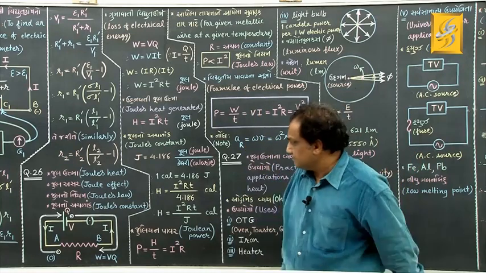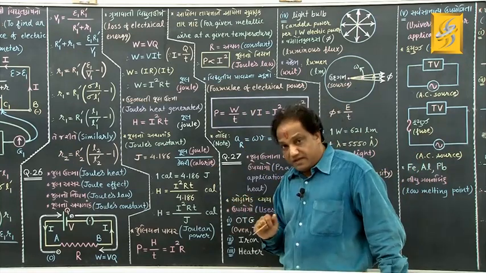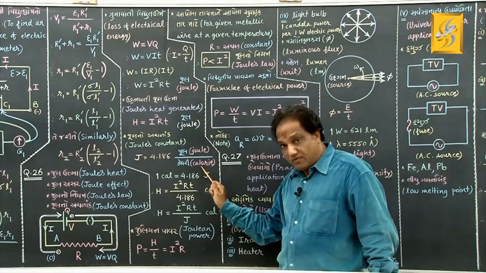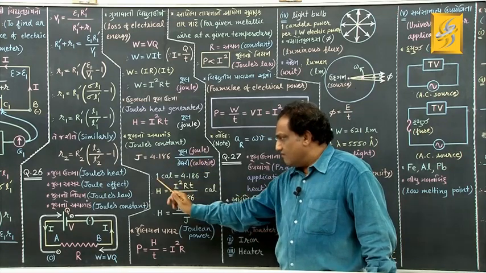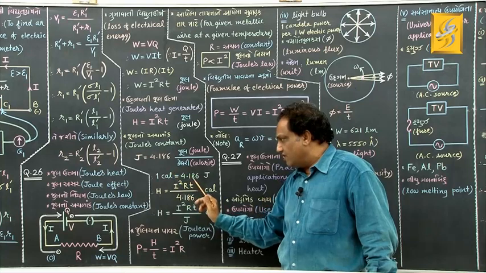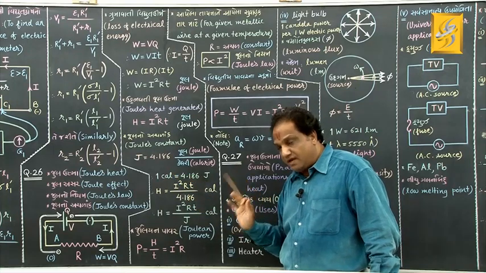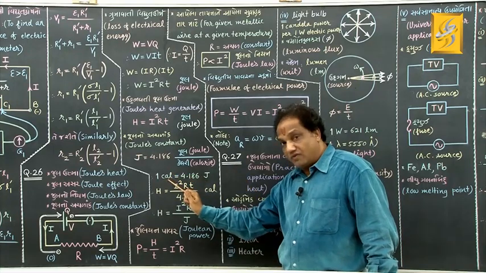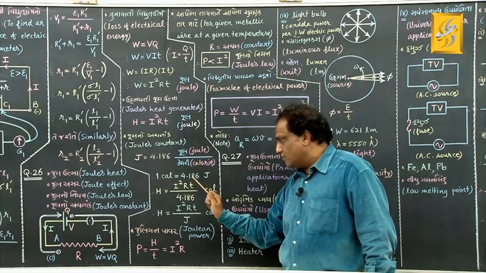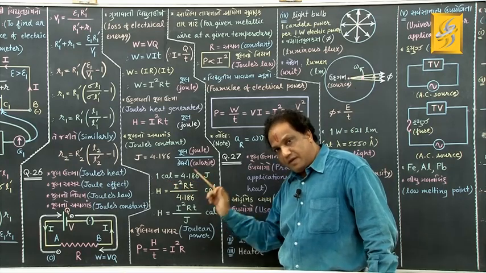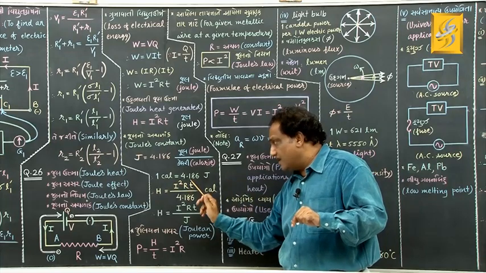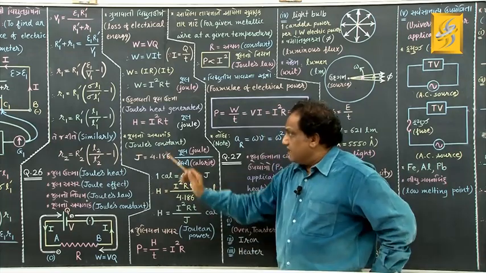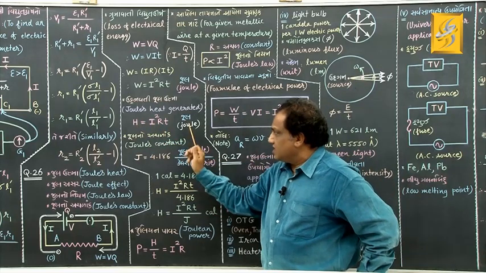Okay, fine. From here we can see 1 calorie is equivalent to 4.186 joule. If 1 calorie is equivalent to 4.186 joule, meaning thereby whenever you require to convert calorie into joule, you should multiply by this value, correct? But if you want to convert joule to calorie, then you should divide by this value, correct? This amount of heat energy right now it is in joule.